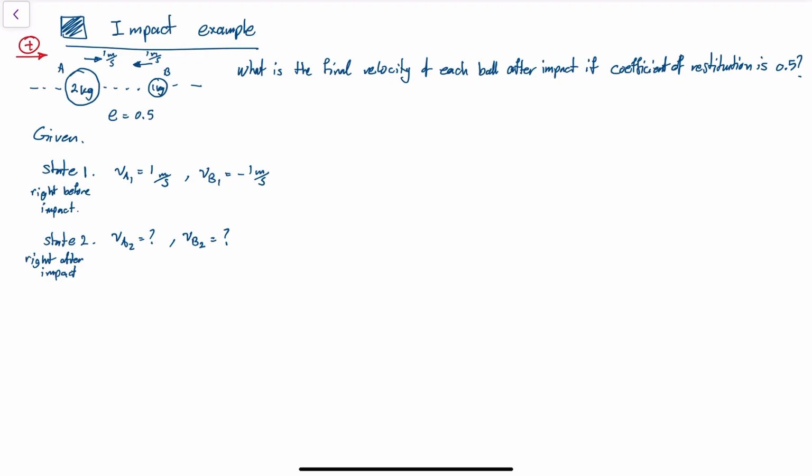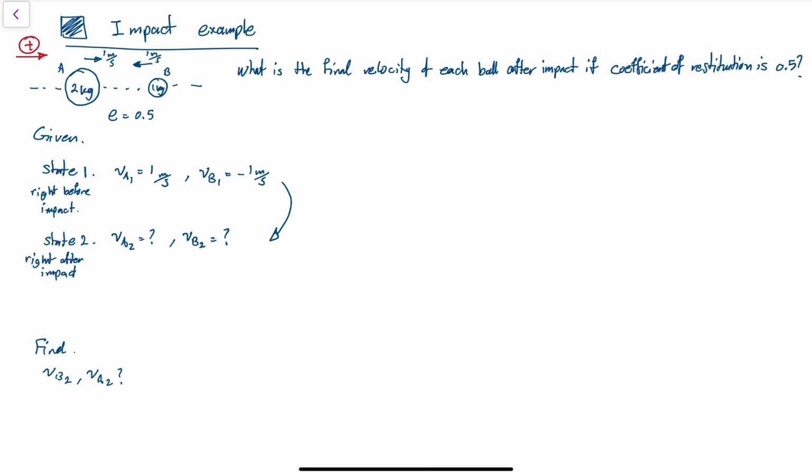So let me write it here. What I need to find is VB2 and VA2. So these are what I need to find. And so that is all the information given.